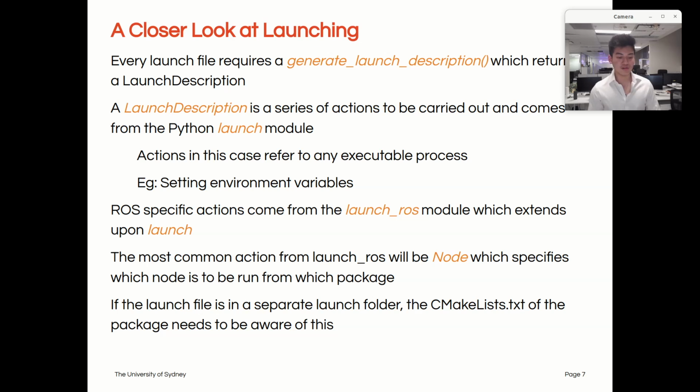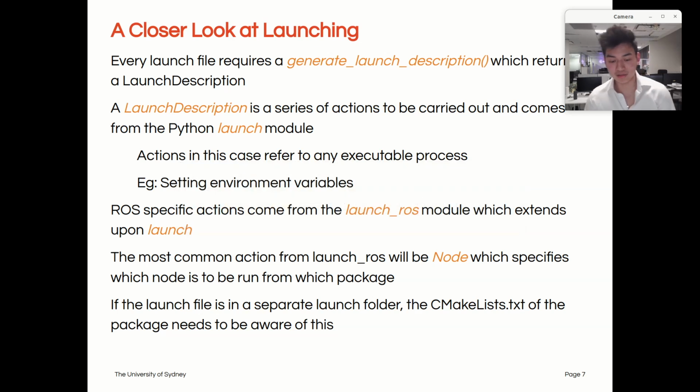If your builder is not aware of a new room that you've put into the building, well, things are not going to go how you want during the building process. Similarly, with CMake, if you don't tell it that, hey, I've created a new launch directory and I've put a new launch file there, nothing's going to happen. You can colcon build as much as you want and nothing will happen.